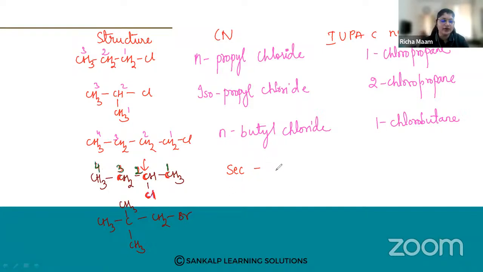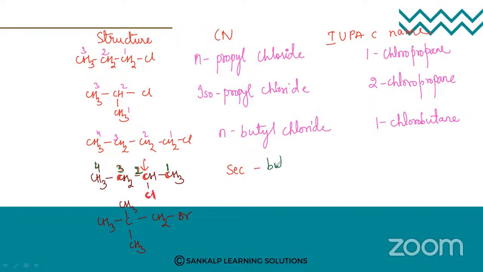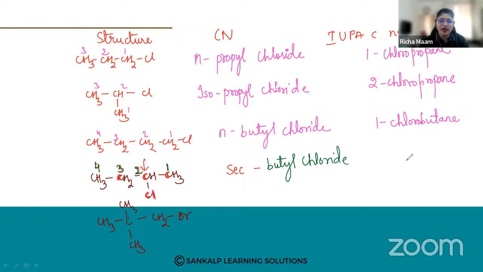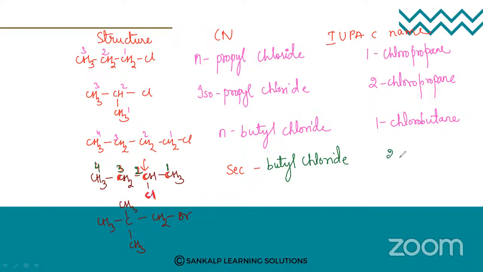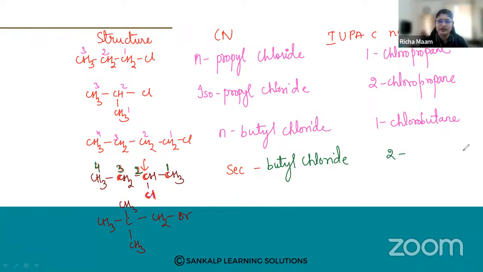So 2. Now what will it be? Secondary butyl chloride. Yes. Can you tell me the IUPAC name? 2-butyl chloride? No, 2 is wrong. 2-chlorobutane. Yes, correct. 2-chlorobutane. Okay, next.